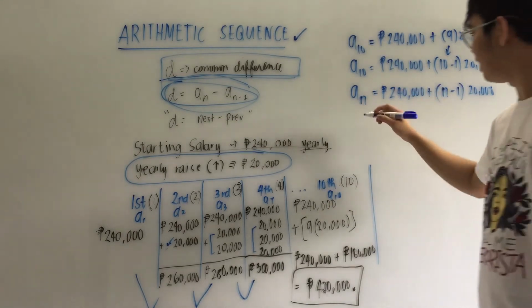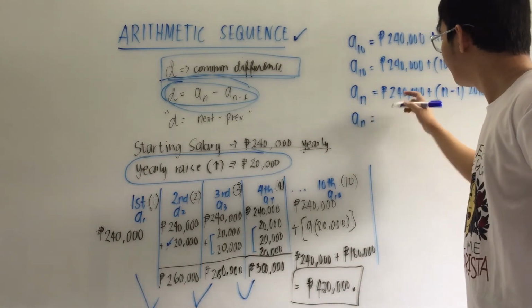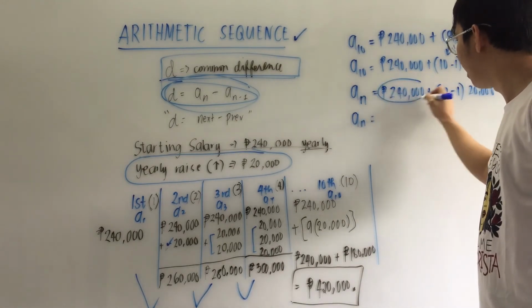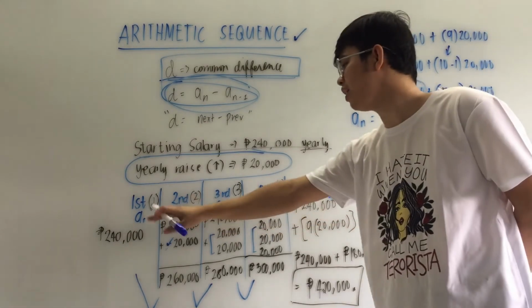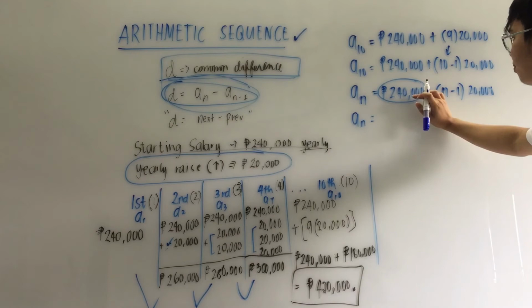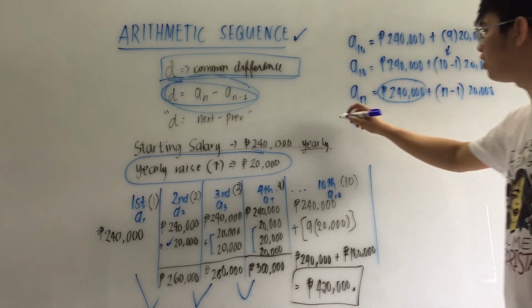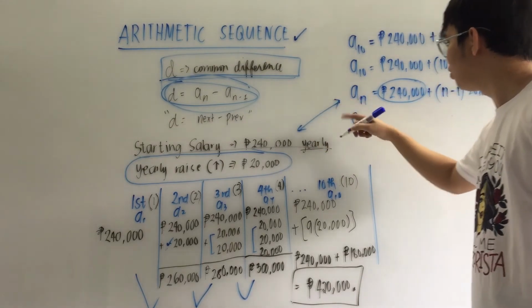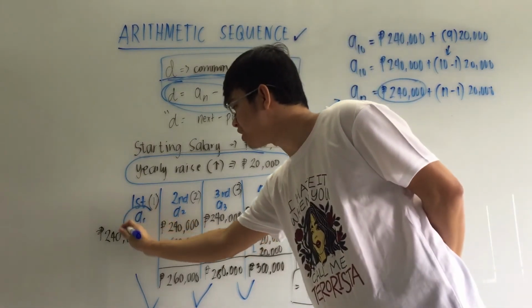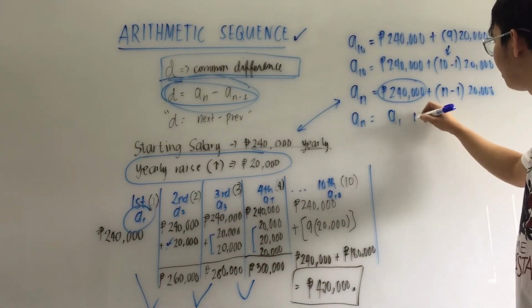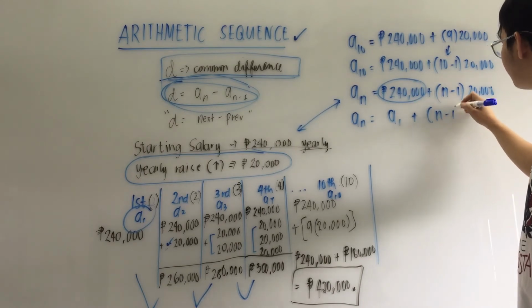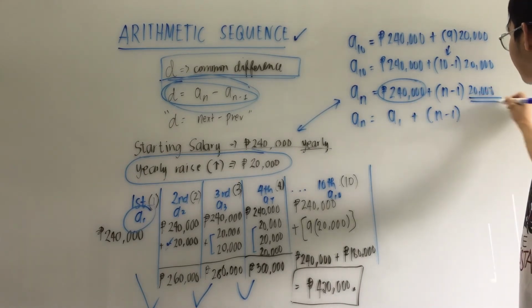Now, then let's change. 240,000 is your what? Where can we find 240,000? Of course, you can find it here. But 240,000 is actually your starting salary, which is your A sub 1. Remember that? So therefore, it becomes A sub 1 plus n minus 1. Your 20,000 here is what again?